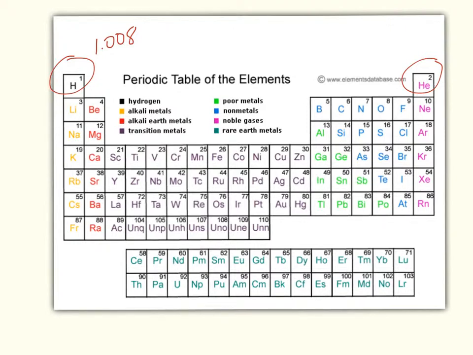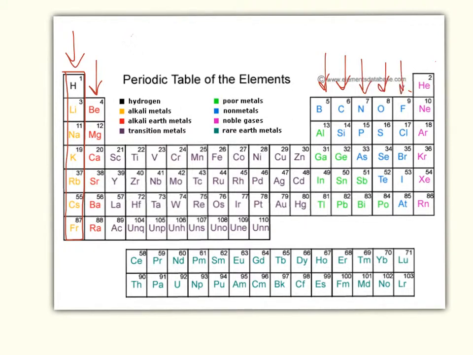And so when we're talking about the family groups, essentially what we are referring to is that hydrogen, lithium, sodium, potassium, rubidium, cesium, all the way down, that is considered to be a family. So any vertical line that we see is considered to be a family. And the reason why they're considered families is because they do behave rather similarly.